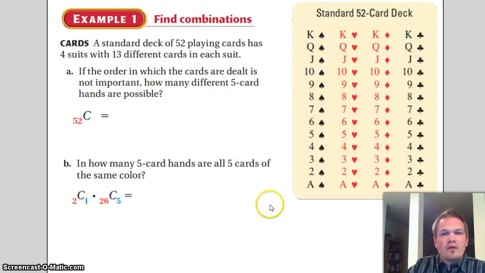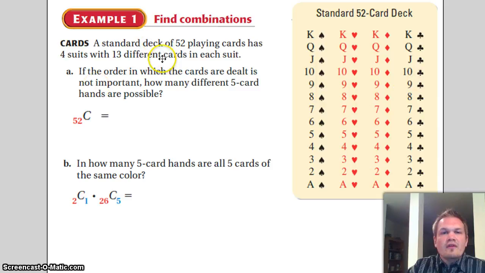How do these work? Well, classic examples here are with a standard 52-card deck. Again, if you're not familiar with the playing card deck, that's okay. I wasn't either. I started playing with them and found out that there were 52 different cards, from the Ace of Spades to the King of Spades, and you had 4 different suits.